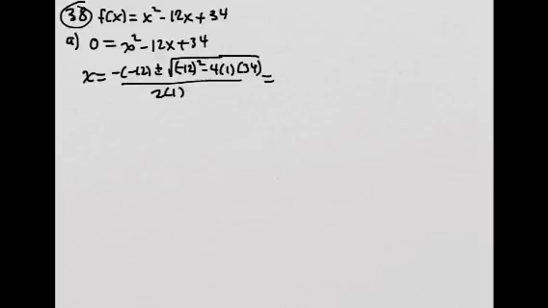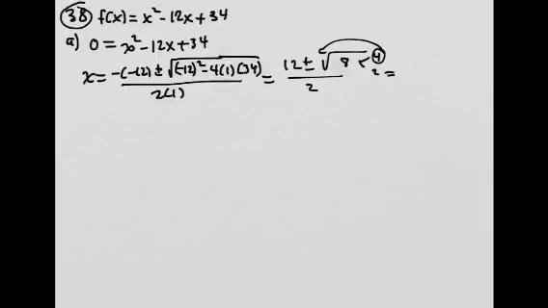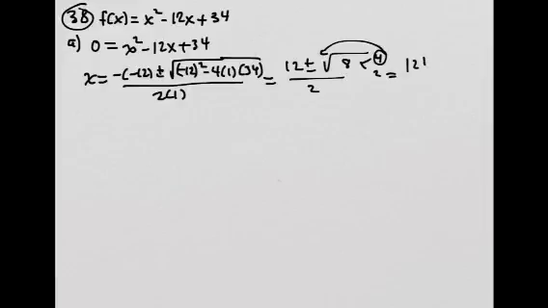So that's 12 plus or minus, now 144 minus 136, because 4 times 34 is 136, gives you 8. So remember, 8 is 4 times 2, so the 4 comes out. So you're left with 12 plus or minus 2 radical 2 over 2.